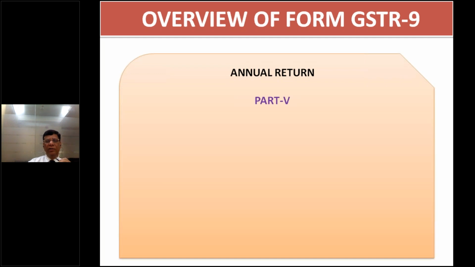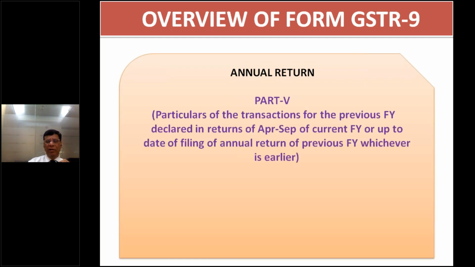We are at present going through a very bird's eye view of the whole form, which comprises 6 parts: what these different parts contain, and what kinds of tables they contain. And after having a bird's eye view, we will enter into the detailed discussion of how to fill it up.